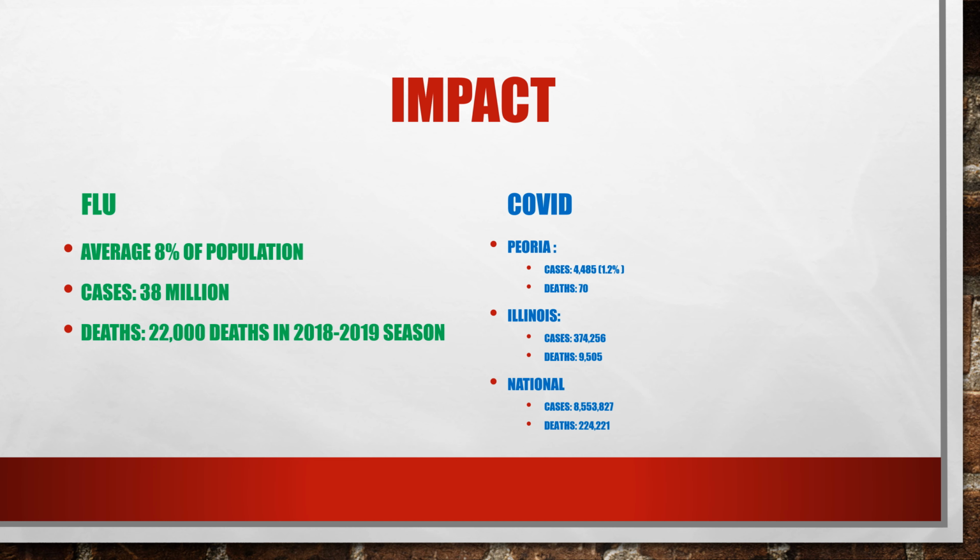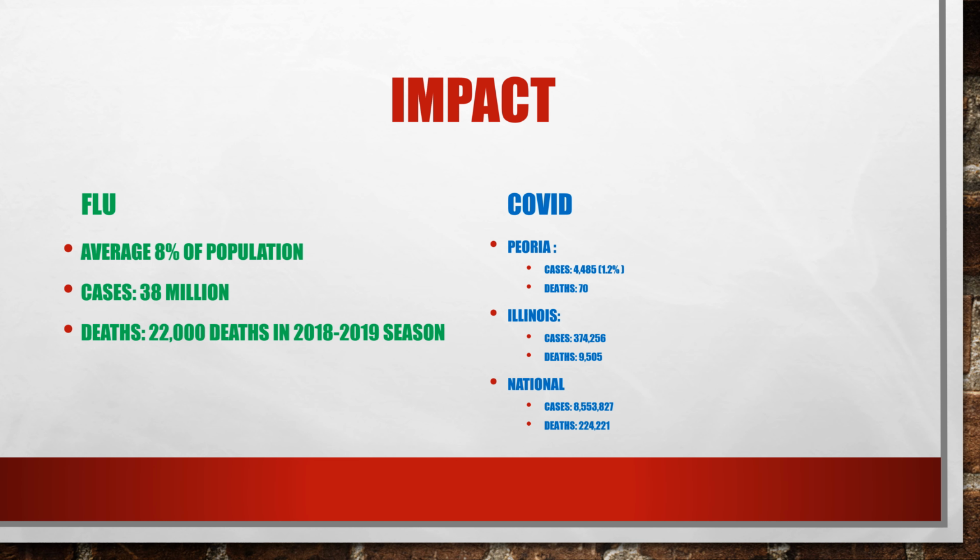Within the past flu season, from 2019 to 2020, and typically flu season starts around September and ends in March, there were about 38 million cases of flu infections, and the deaths were about 22,000. My apologies about that.